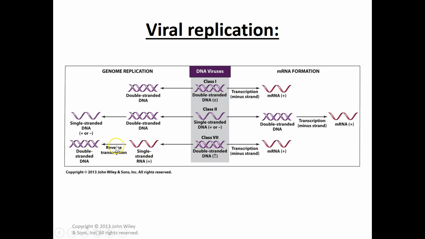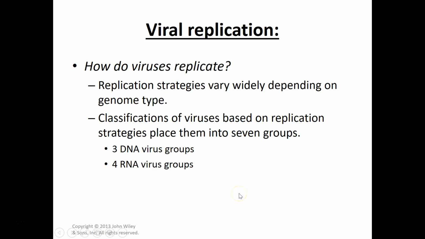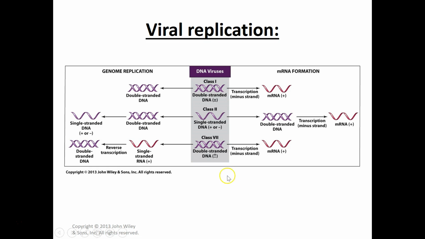So it has that reverse transcriptase. That one is, did we look at that one? No. That one is hepatitis B virus. They didn't have an example of that one. But that one's kind of funky. You're like, well, why would you do that? You don't really need to do that, right? Your DNA, why are you going RNA to DNA?